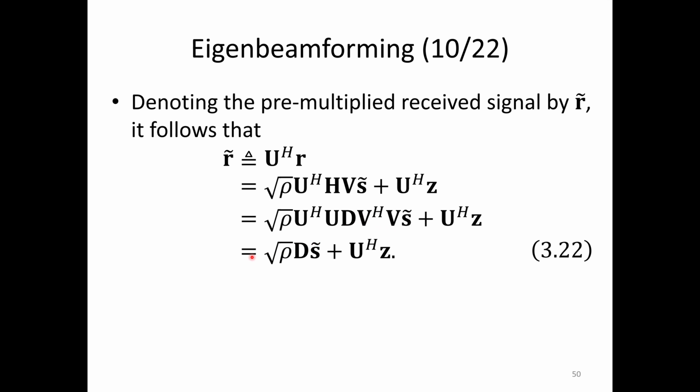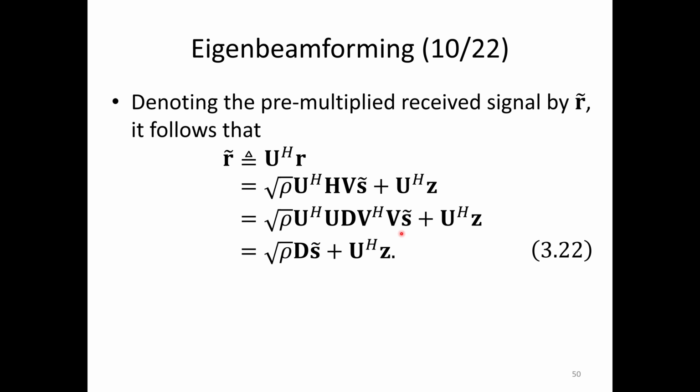So finally, we will have the square root of rho times D times S tilde plus U Hermitian times Z. So now you know why we need to multiply U Hermitian before R, because it will be cancelled with the matrix U. And why do we need to multiply V in front of S tilde? Because it will be cancelled with the matrix V Hermitian.